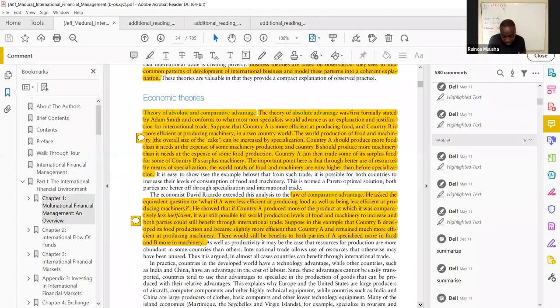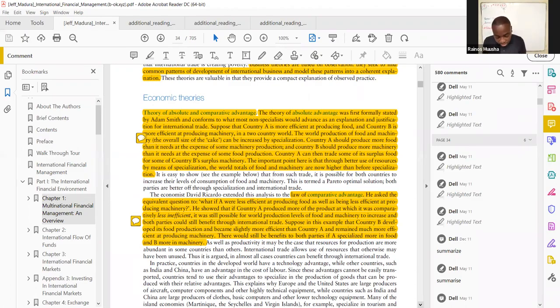Next, on the next paragraph, we look at the law of comparative advantage. Starting from the start of the paragraph, they say the economist David Ricardo extended this analysis to the law of comparative advantage.